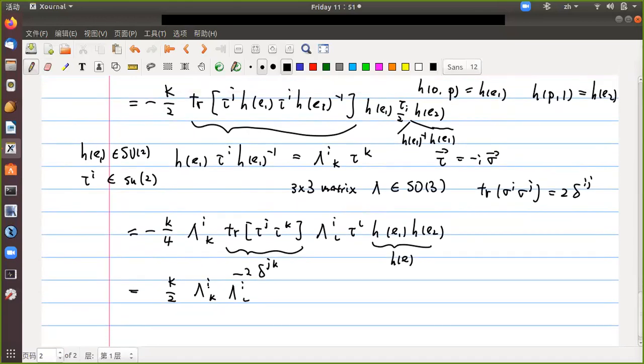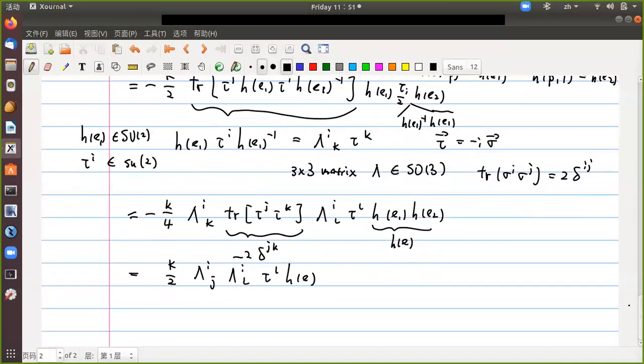So here it should be IJ, not IK. Then tau L, HE. Now this factor actually equals delta JL because lambda is an SO3 matrix. By definition, you have lambda IJ, lambda KL, delta IK equals delta JL. So this is the definition of SO3.